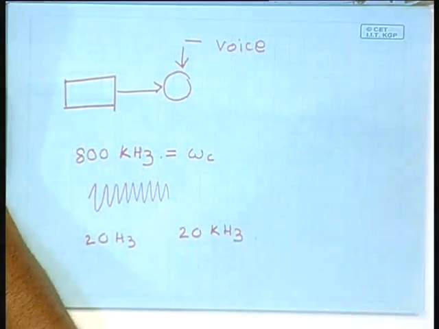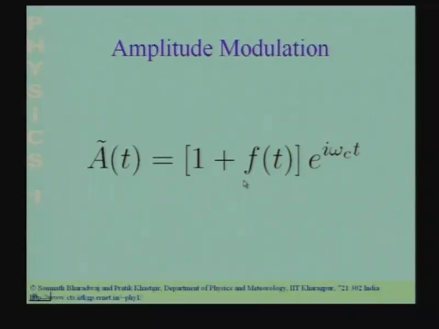So, this is what is called amplitude modulation. The amplitude of the carrier wave is changed so that it has my voice signal.